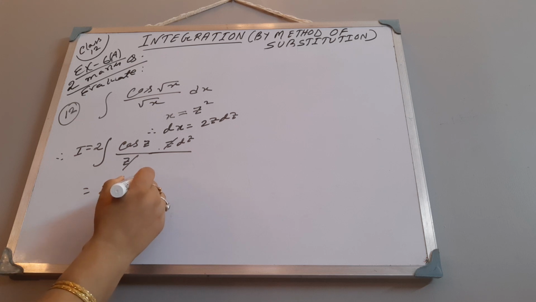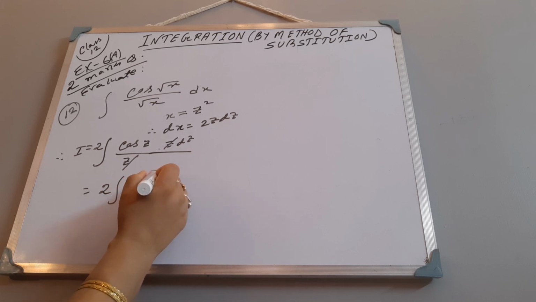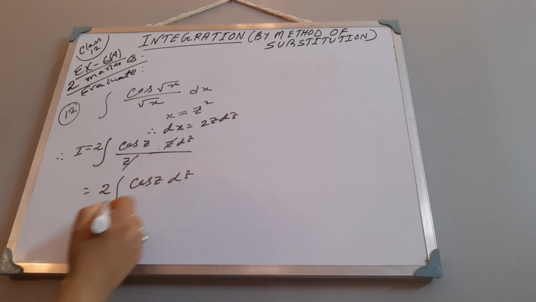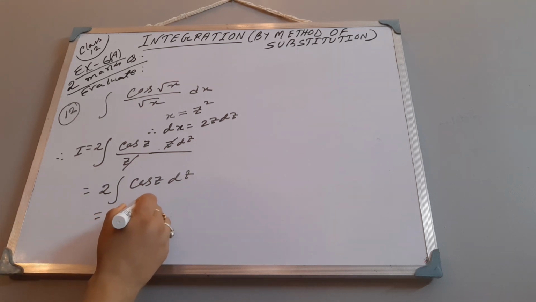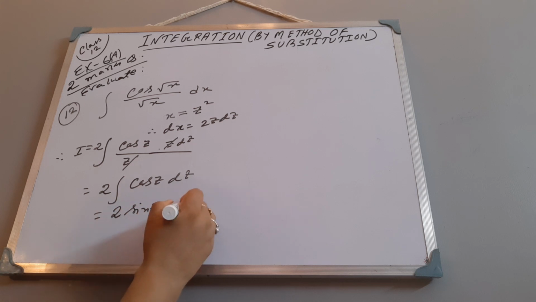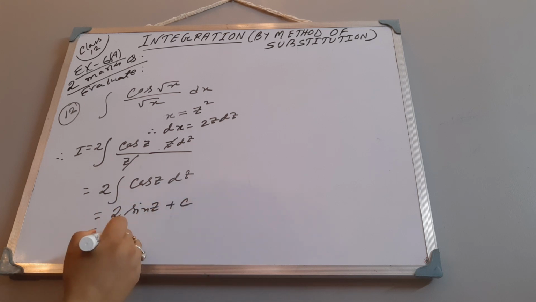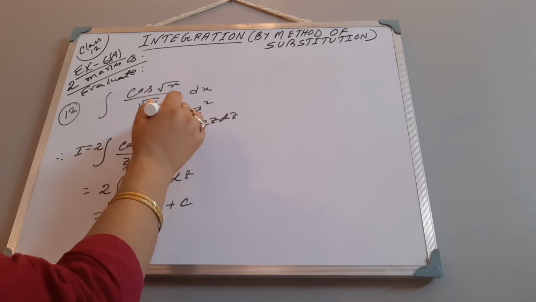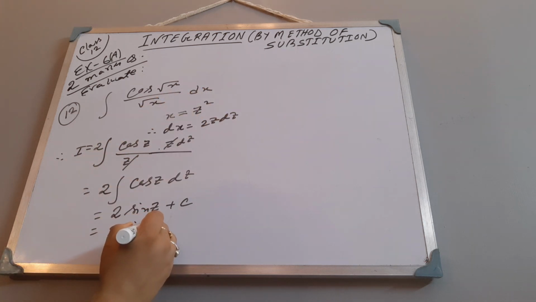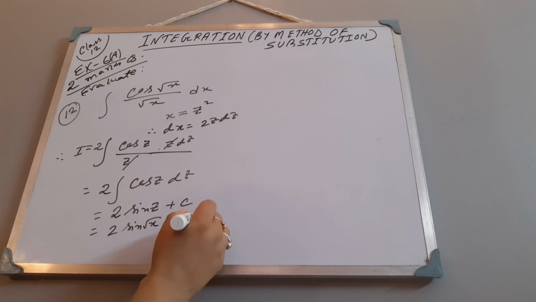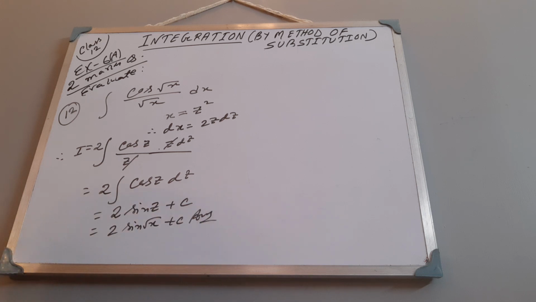So we get 2 integral cos z dz. We know integral cos z dz equals sin z, so 2 sin z plus c. Since z square is x, z will be square root of x. So 2 sin root x plus c. This will be the answer.